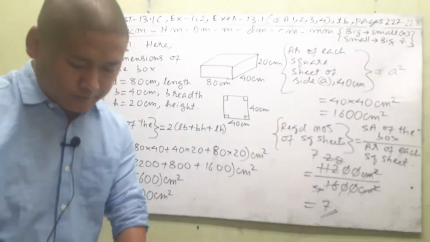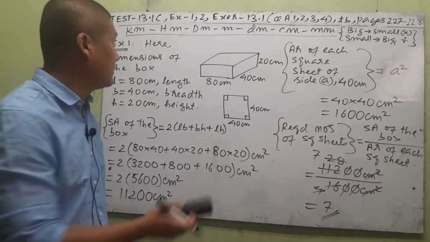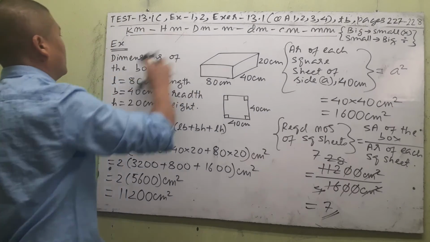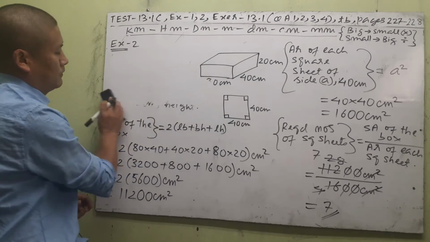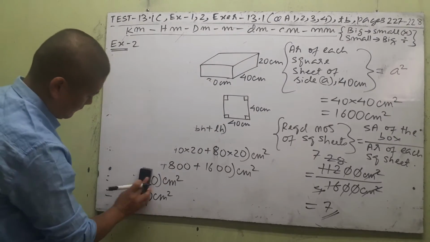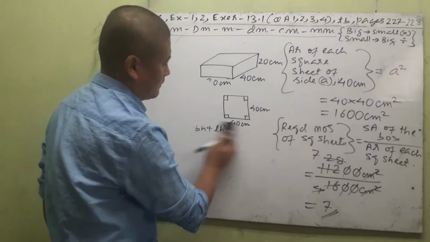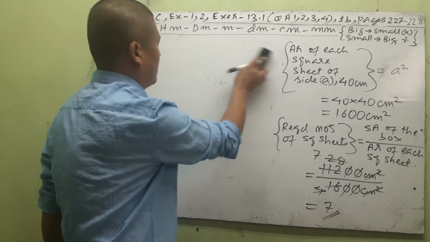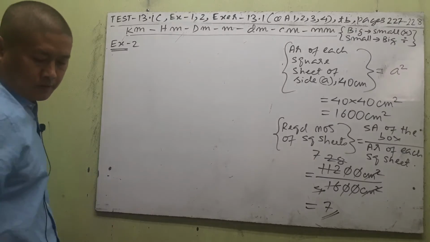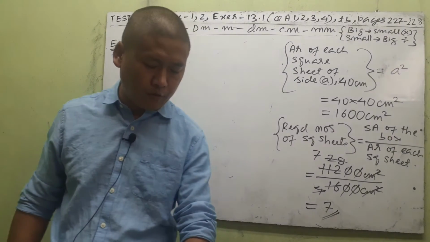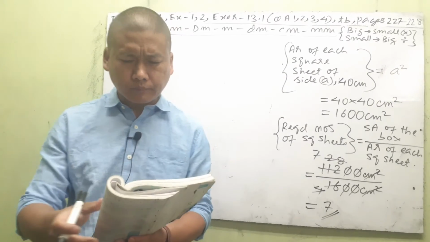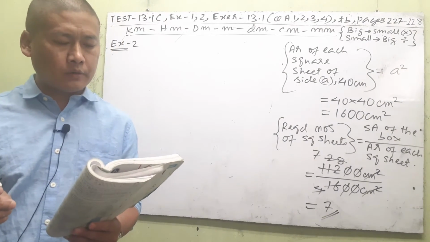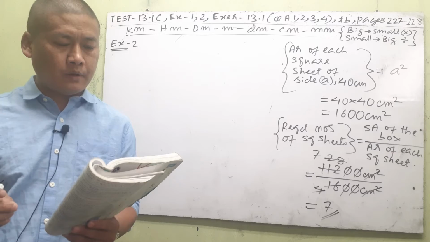That answers our question. Let's go to the next example, example 2. Example 2 is, Hamid has built a cubical tank with lid, means there is a cover, with each outer edge 1.5 meter.